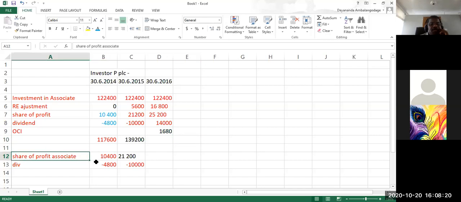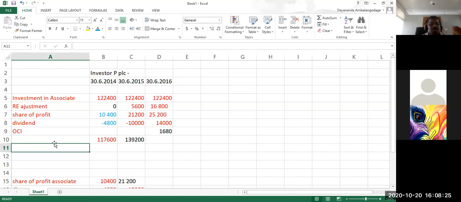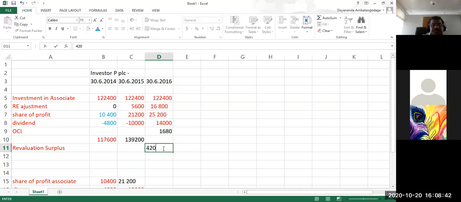right? In addition to these entries in this year, in your balance sheet, you have to show revaluation surplus of 4,200, no? I have put the journal entry, and what I'm telling you is the balance sheet items, the extraction of the balance sheet I'm just showing you.